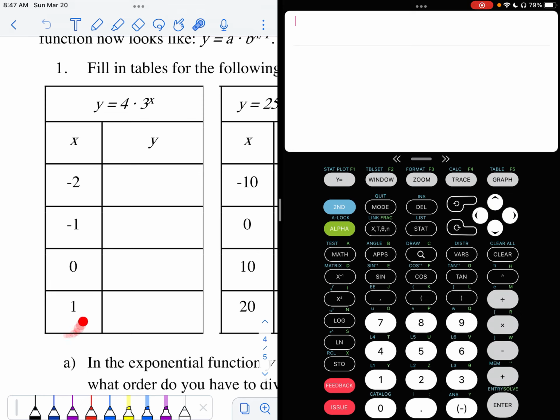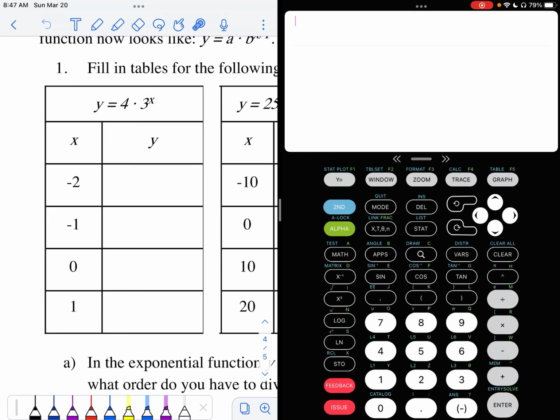Our tables already have some x values pre-selected for us, so we're just going to plug these x values into our equation. Remember, for any of these exponential functions, the domain is all real numbers, so there's nothing special about these x values. They've just been picked to illustrate some different things, but you could technically pick any x value to plug into one of these equations.